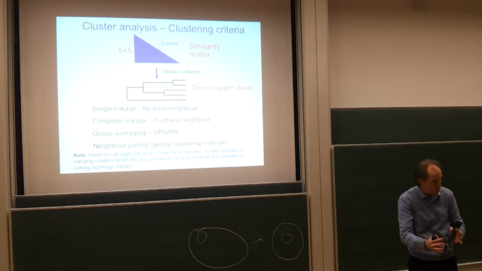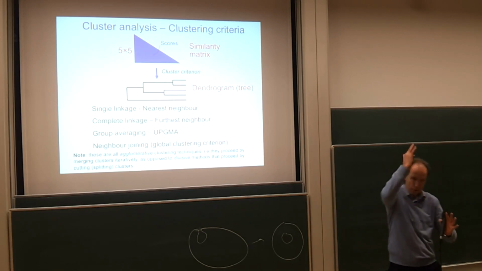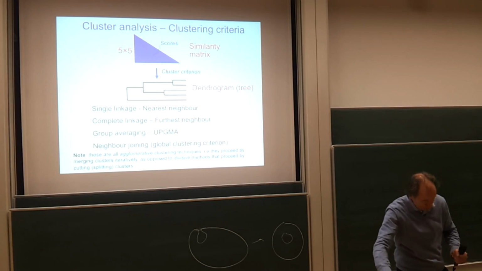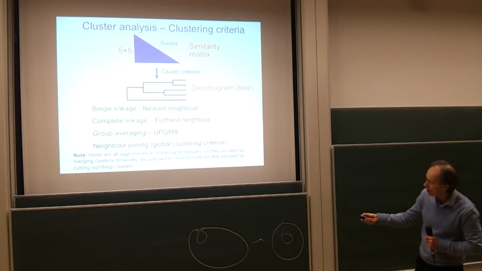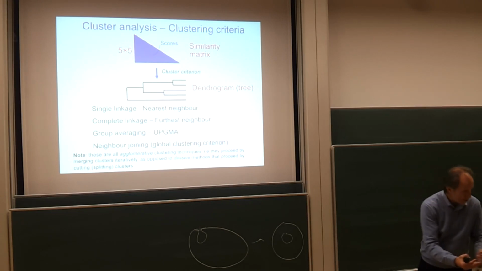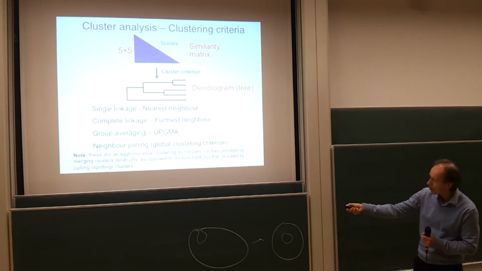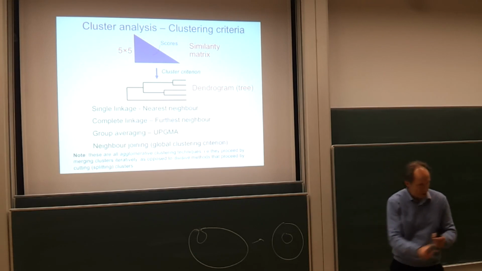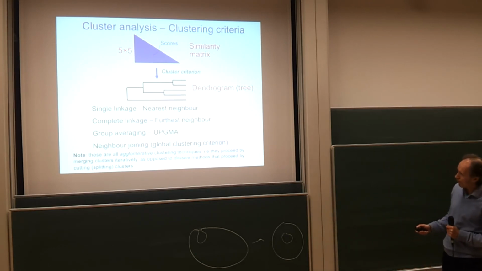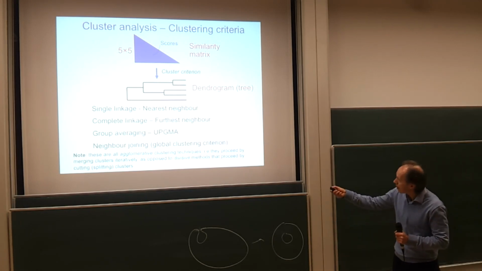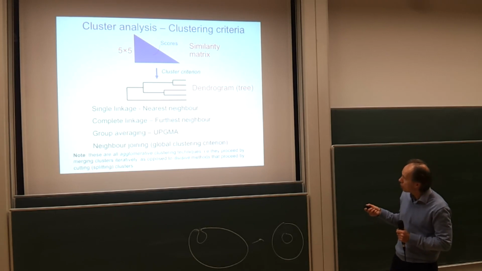Or you do the other way around. You say, I view them as one cloud, and I will start chopping up. Here I cut them into groups, and I cut that group further. So you have agglomerative clustering, starting with loose points and taking them together, or the divisive methods, which take the knife, cut a group in two, and do that repeatedly, so that you also get a dendrogram.